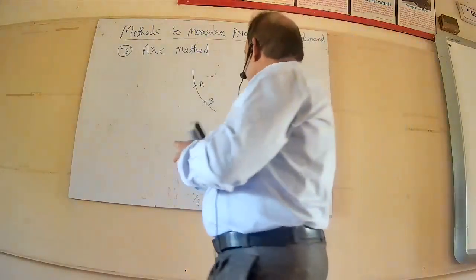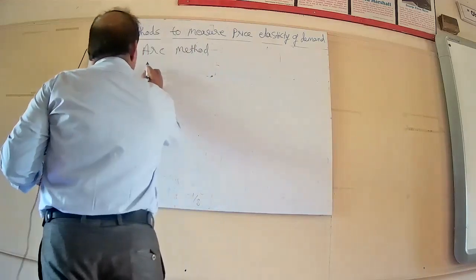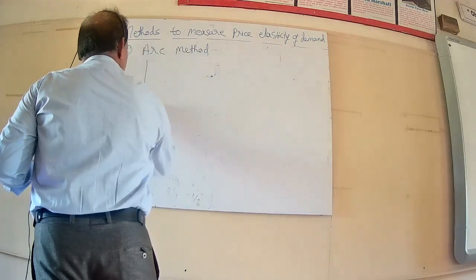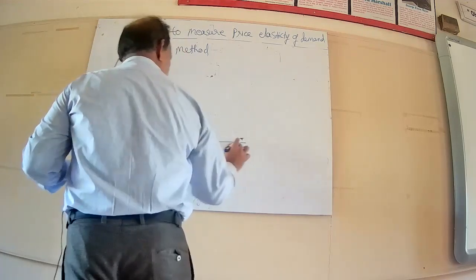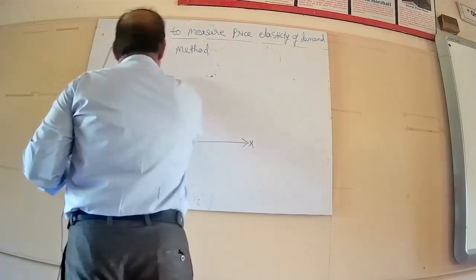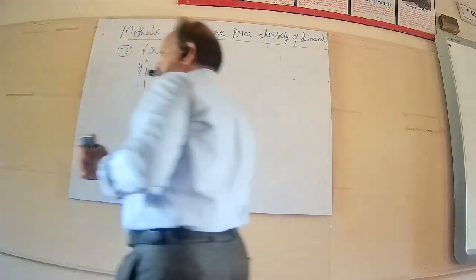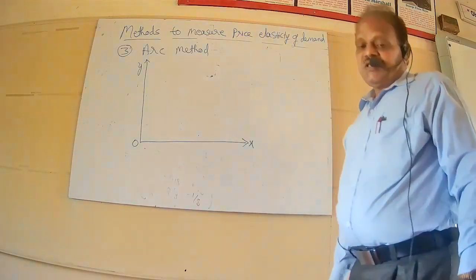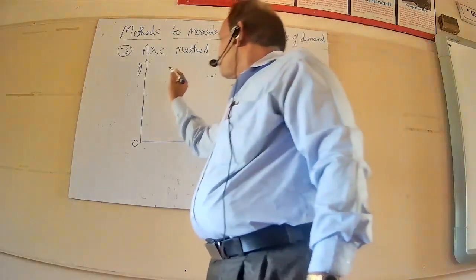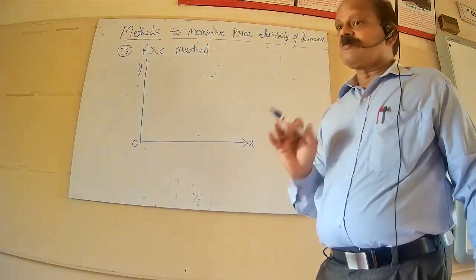I will draw the diagram showing arc elasticity. So how is this method superior to the remaining 2 methods? This method is superior because arc elasticity measures the price elasticity of demand exactly at the midpoint of an arc.